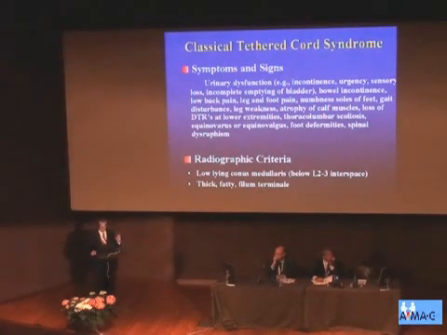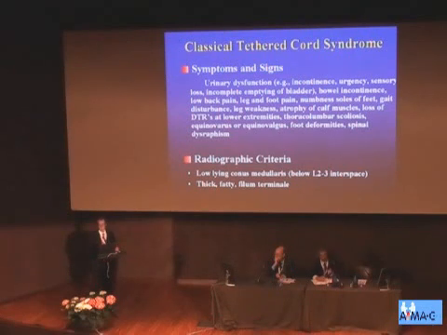I'll just review the classical tethered cord syndrome as it is generally known, although people have different criteria. But the symptoms and signs of tethered cord syndrome include all of the things you see up here.